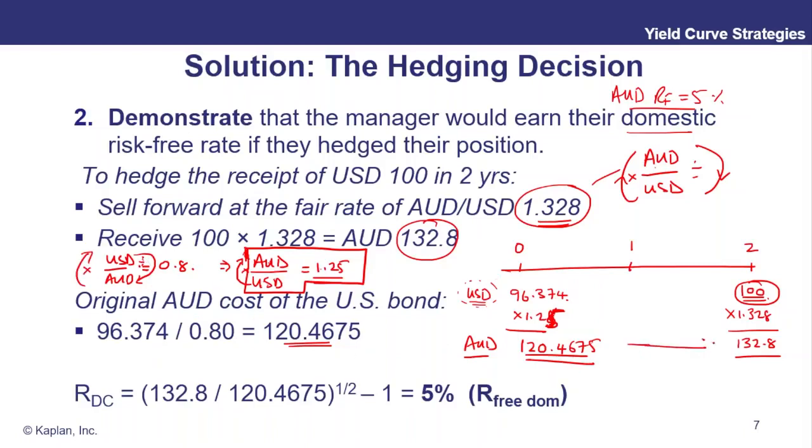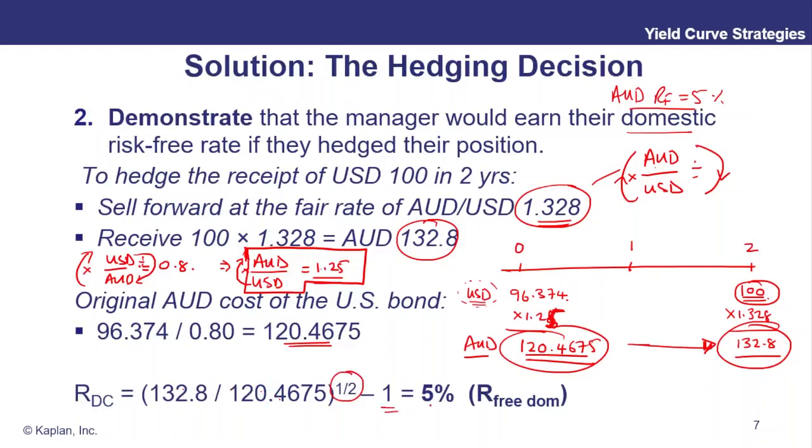Anyhow, if you go from 120.4675 Aussie dollars to 132.8 Aussie dollars, your periodic rate of return is end divided by start. That will be 1 plus your 2 period return, and put it to the root, the second root, in other words, the square root. That will get you to 1 plus your average return.